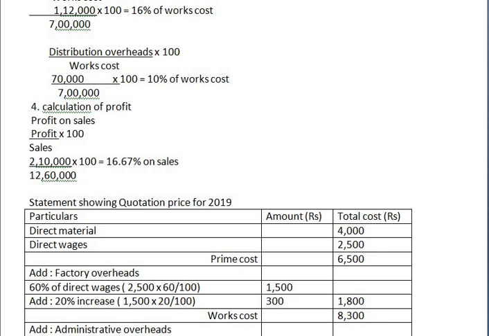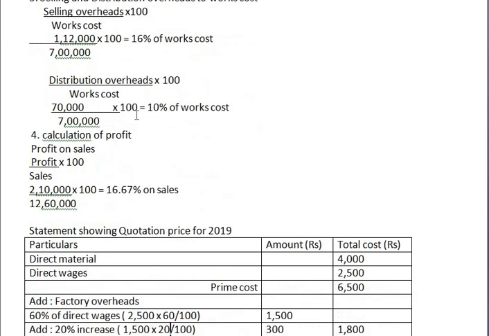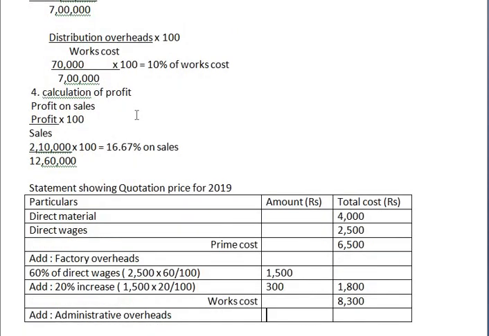overheads. Okay, now administrative overheads, what information they have given here? Percentage is 24% on works cost. Okay, so first we will take that. So 24% of works cost, in bracket.